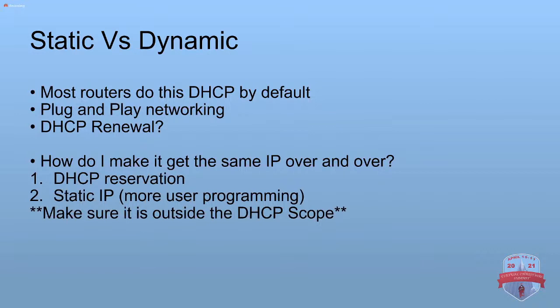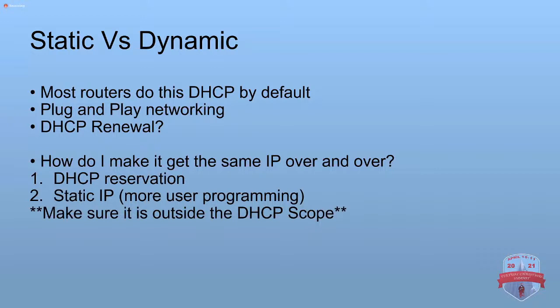DHCP, which is dynamic, basically means your router hands you an IP address off of a certain range. Depending on your scope, it could be 5 through 100, or 5 through 253, 254. It just depends on how you have it set up. And those are automatic.